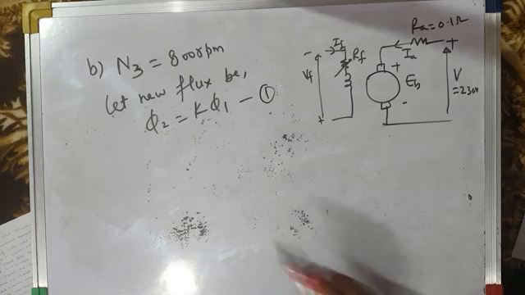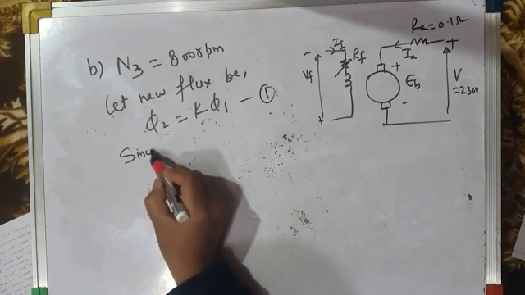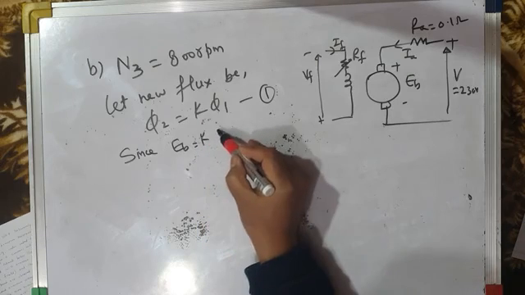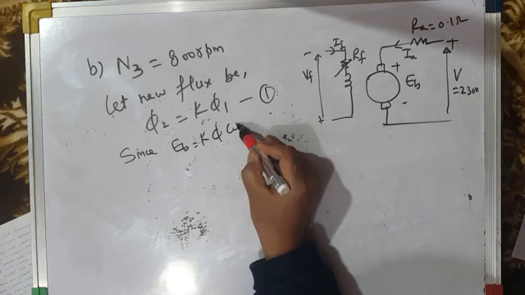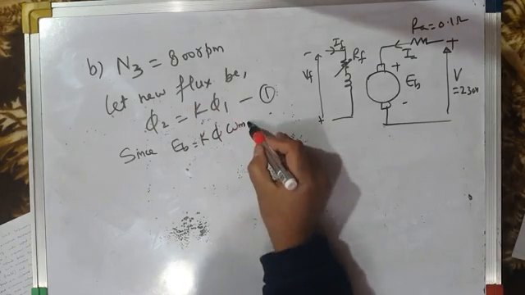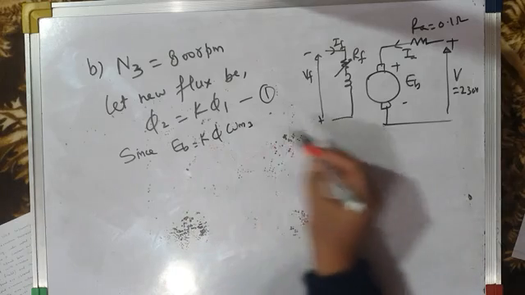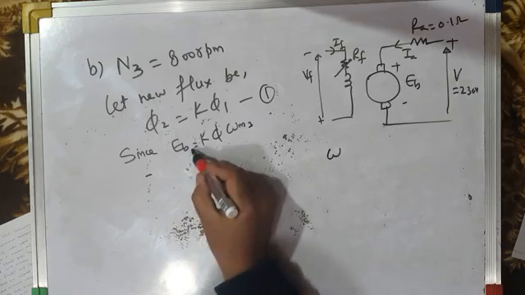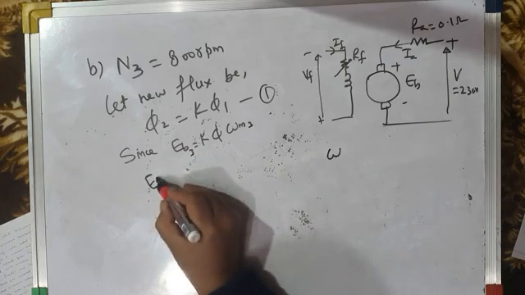And since we know that back EMF EB is given by K phi omega m, omega m3. Let's call this EB3.